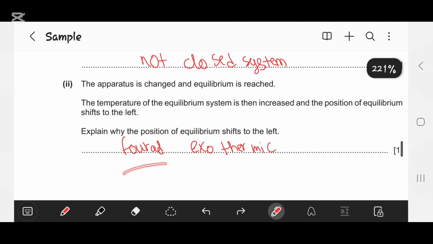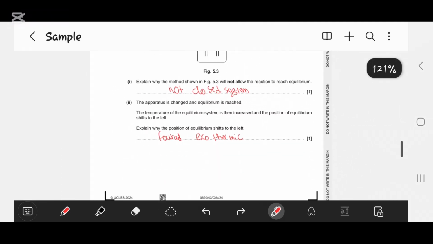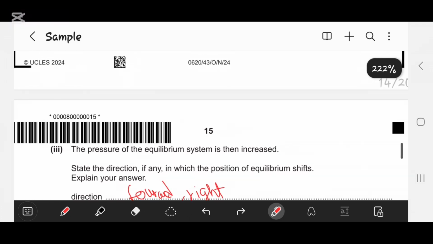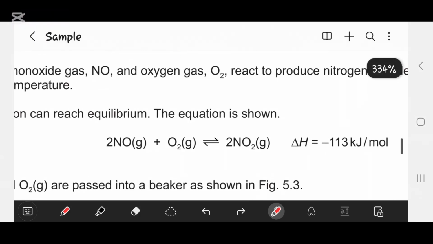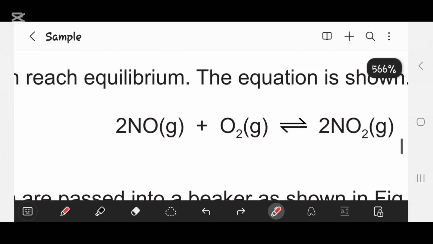So we will go forward, which is exothermic. The pressure of the system is then increased. We know that the rules of pressure apply to the moles of gas. On this side we have 3 moles of gas. How did we know? 2 plus 1.